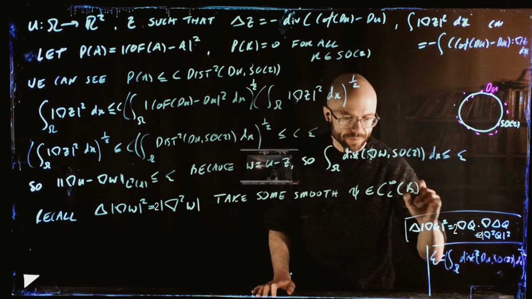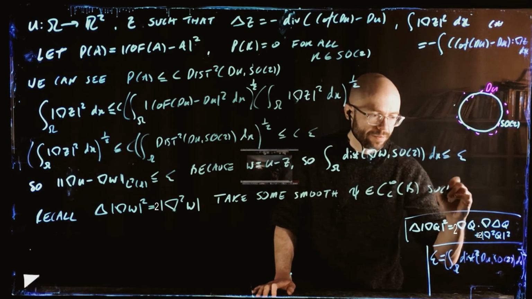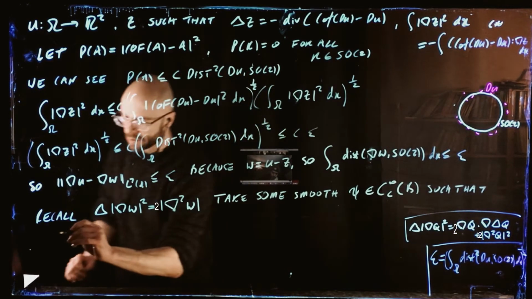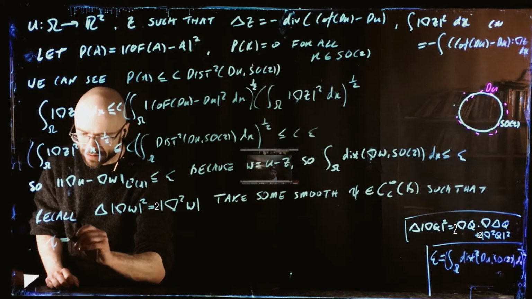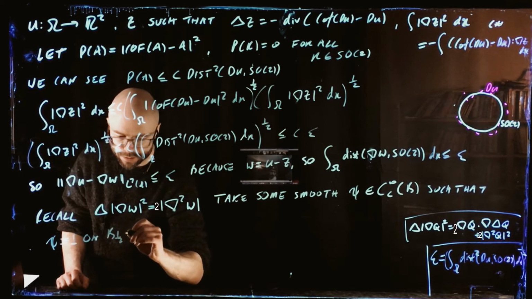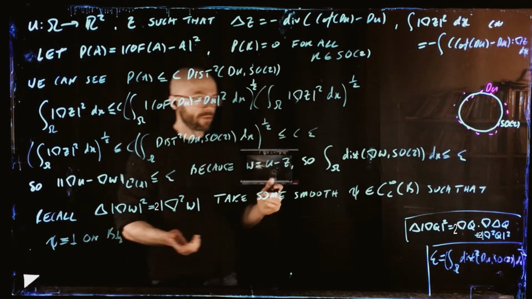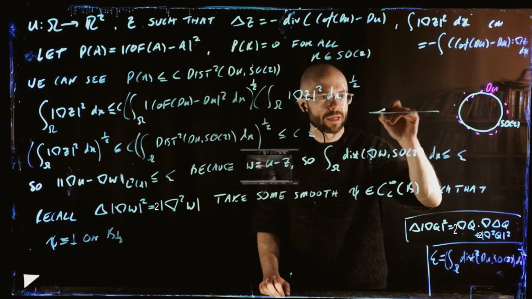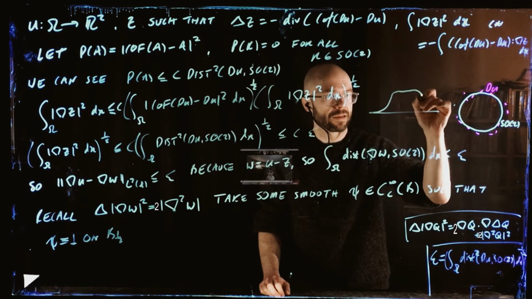It's on the ball, such that phi is equal to 1 on the half ball, the ball of radius 1/2. Okay, and we can find such a function. So just on the real line, it would be something which looks like that. It's a bump, and it goes flat, it goes down like this.